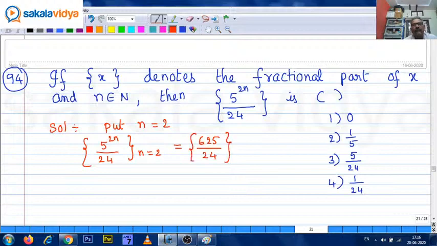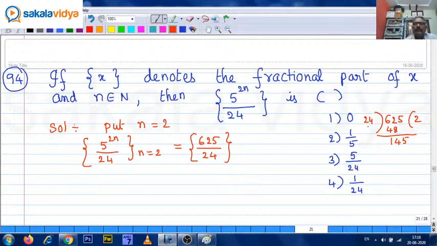Fractional part: divide 625 by 24. 24 times 3 is 72, 48, you will be getting 145.